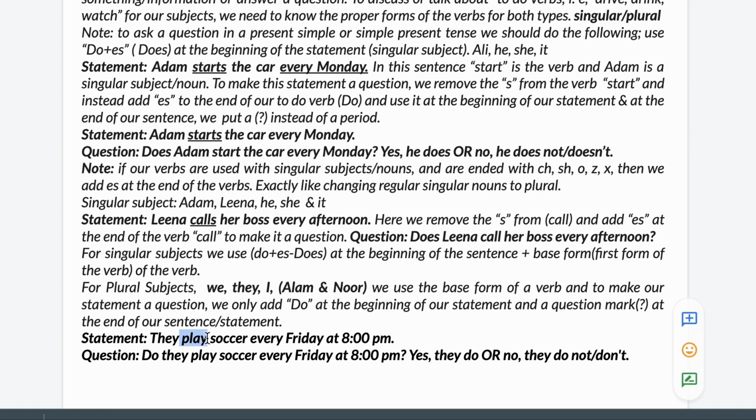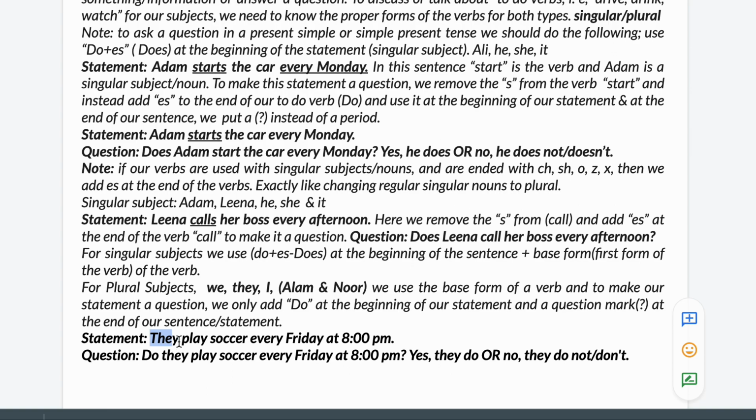So play, we don't say plays, they play. So we're talking here about playing. So play is used as the base form of the verb play, and we don't have es or s attached to it. Why? Because our subject is more than one person.